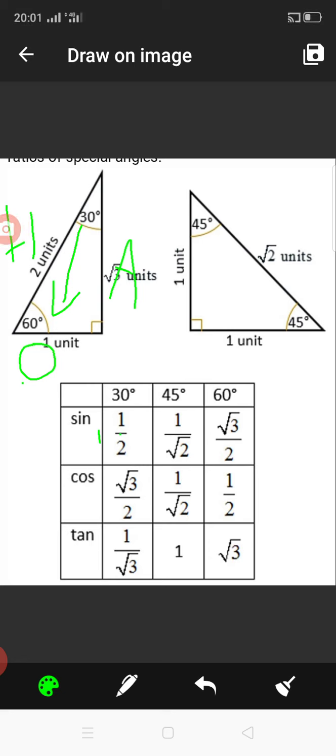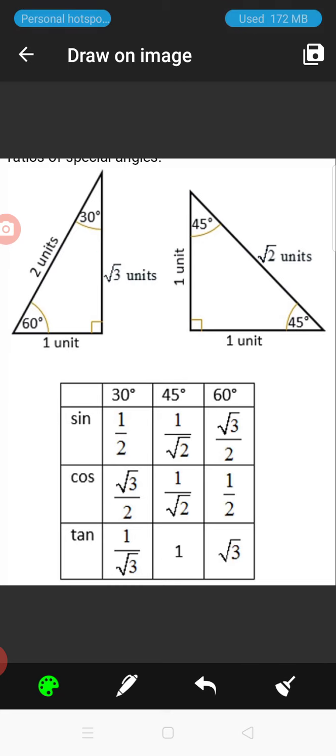Therefore, sine 30 is 1 by 2. Next, cos of 30 is adjacent upon hypotenuse, that is root 3 by 2. Tan of 30 is equal to opposite upon adjacent, that is 1 by root 3.